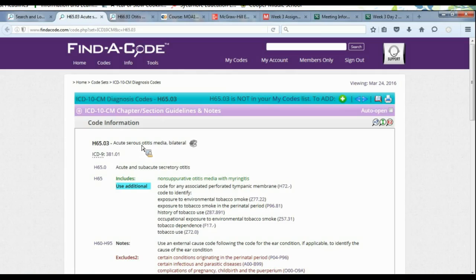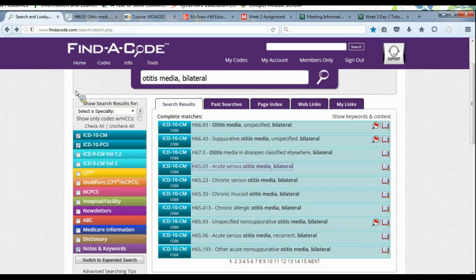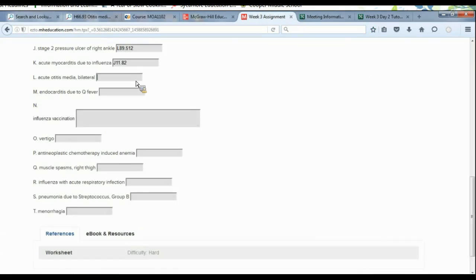It didn't say serous. So therefore, H66.93 is the correct answer. Okay, so again, it's not acute serous otitis media. It is H66.93. It's H66.93, the unspecified. Okay? And that's how we come to that.